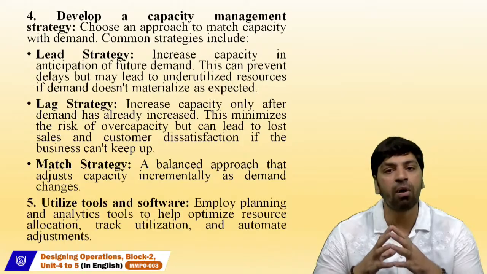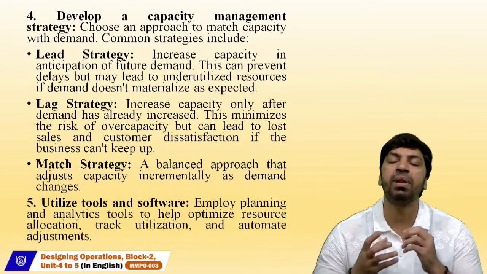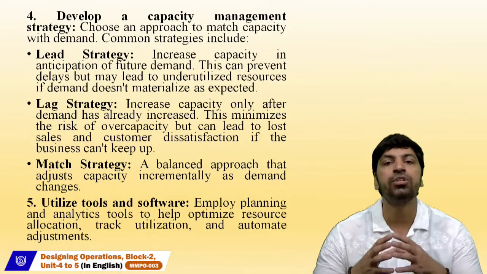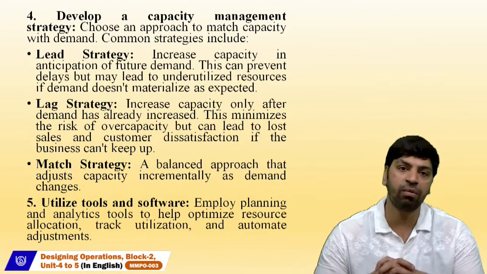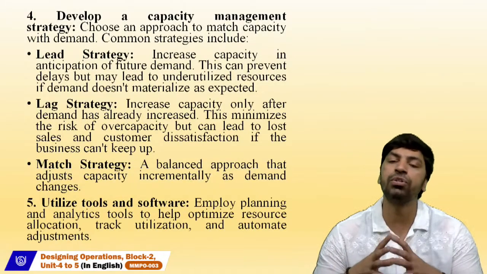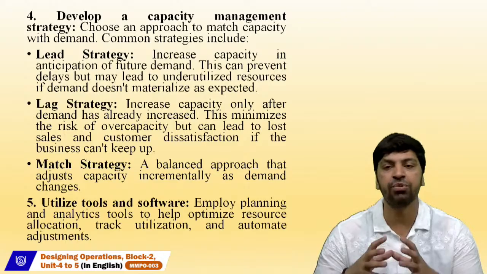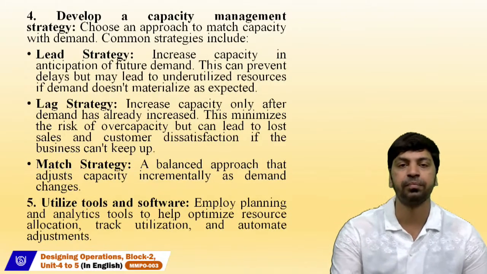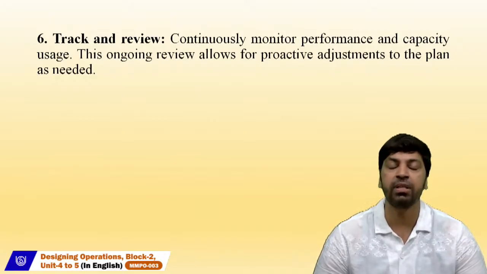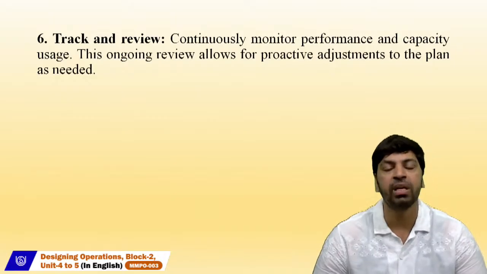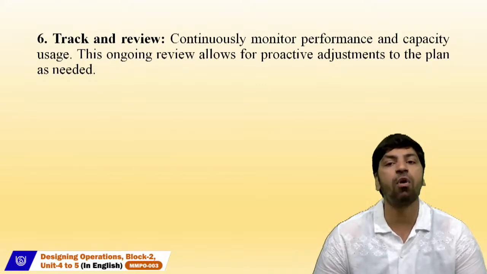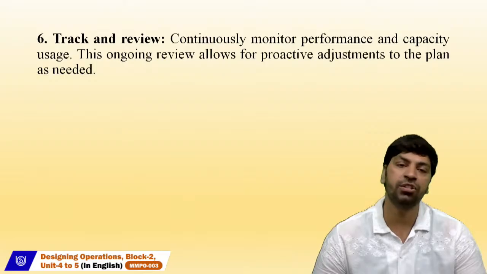Next is utilizing tools and software. It is also important to employ planning and analytics tools so that they can help to optimize resource allocation. It could track utilization and automate the adjustments in processes. And the last one is track and review. It is a continuous process to monitor the performance and capacity usage.